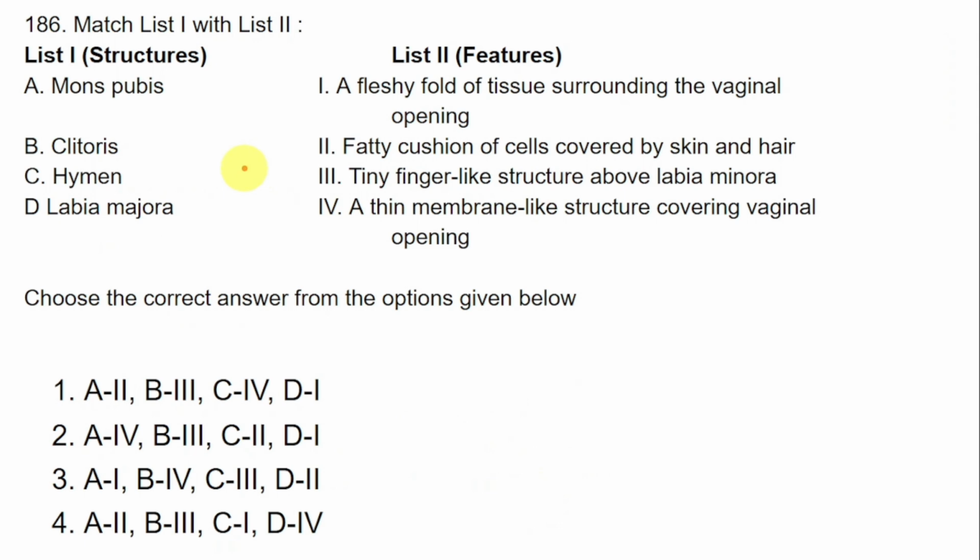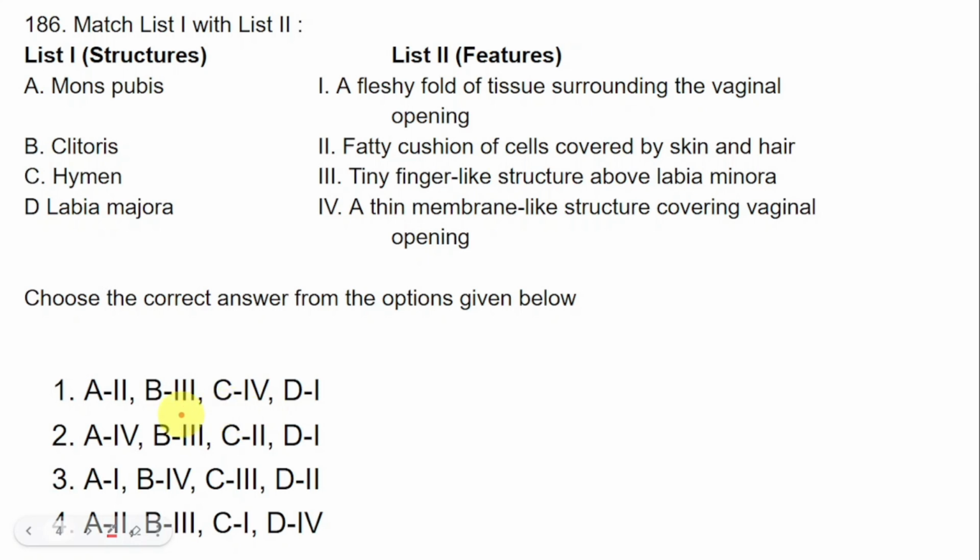Question number 186. So all these names are the female reproductive system. So hymen is a frequently asked question. So first attempt this. Hymen is a thin membrane-like structure covering vaginal opening. Yes, this is the one. So C is 4. C4 luckily is in option number 1 only.